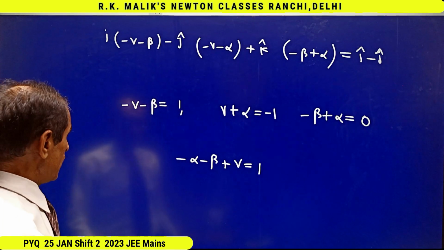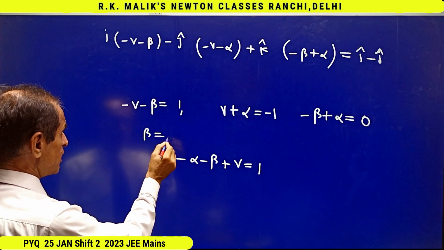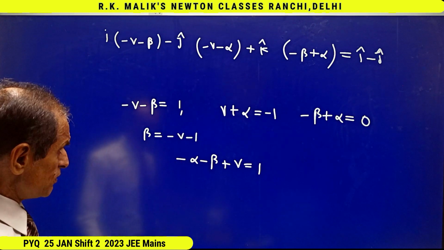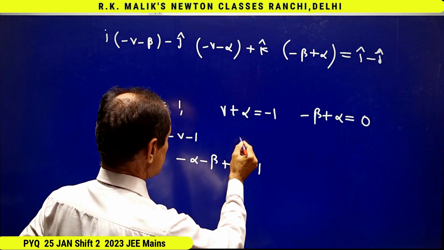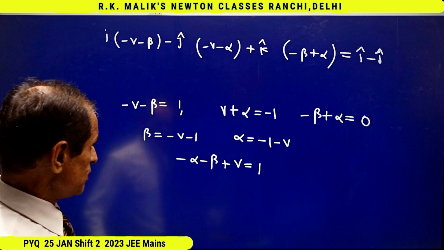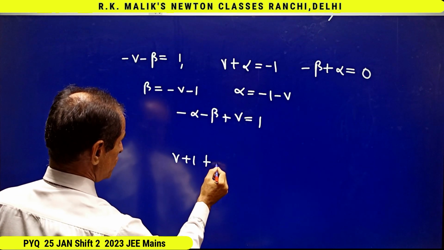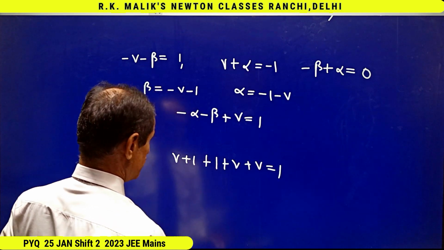From here I get the value of beta in terms of gamma, that is minus gamma minus 1. And I get the value of alpha in terms of gamma, that is alpha equal to minus 1 minus gamma. So I get gamma plus 1 plus 1 plus gamma equal to 1.